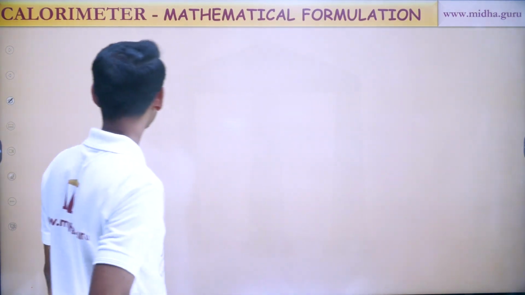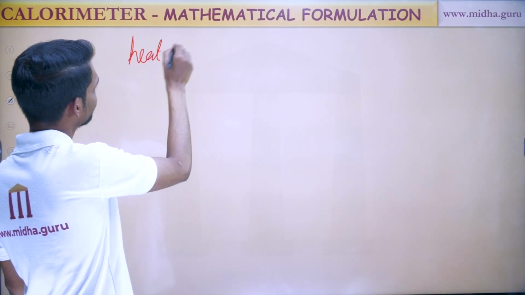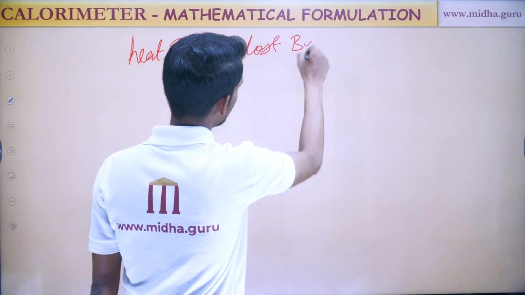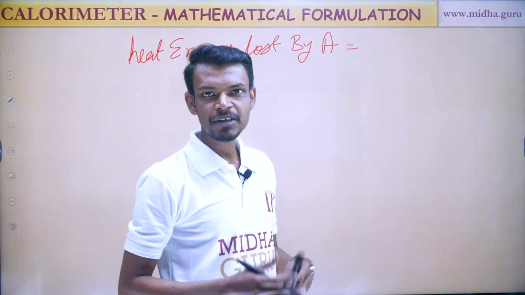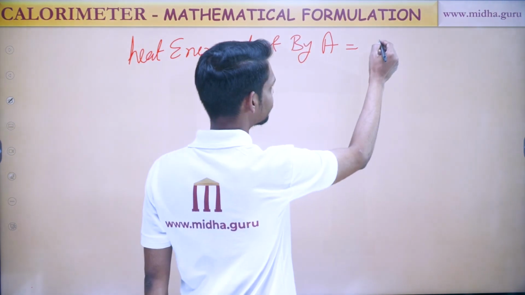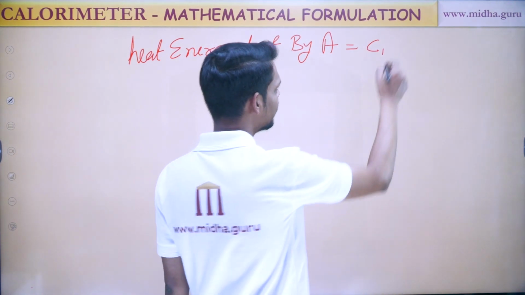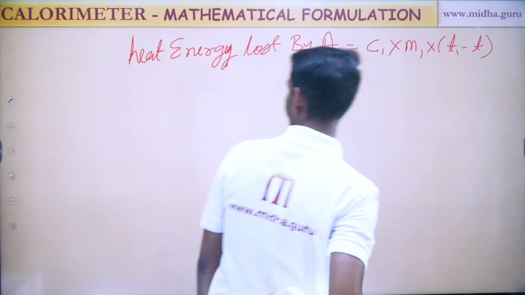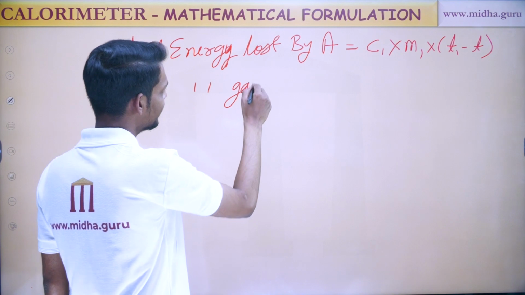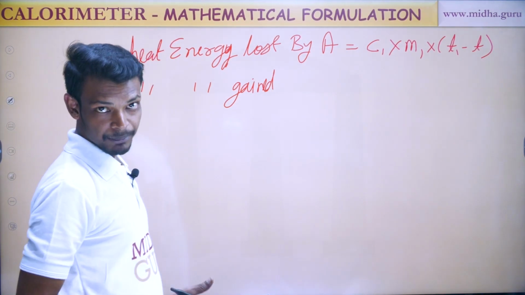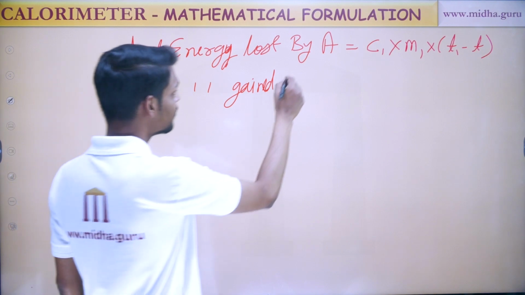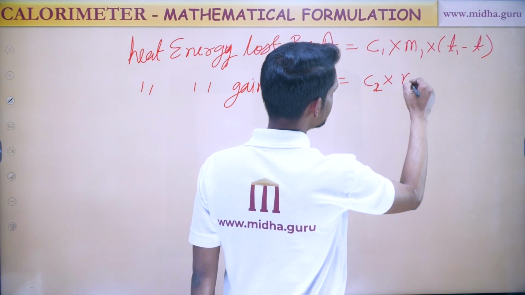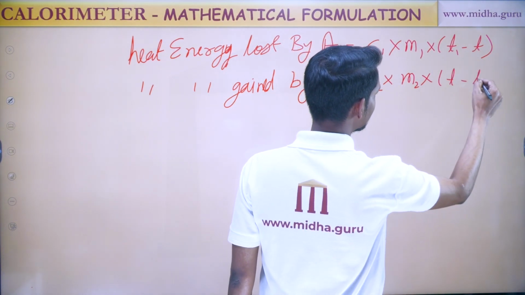So now let us see. The heat energy lost by A will be how much? We know that heat energy has a formula of C m delta T. So for A, the specific heat capacity was C1, mass was M1, and change in temperature was T1 minus T. Next, the heat energy gained by B, because liquid B was at a lower temperature, will be equal to C2 times M2 times T minus T2.